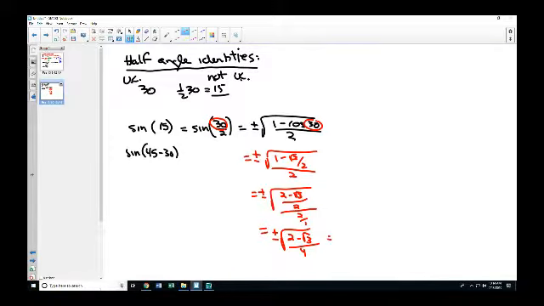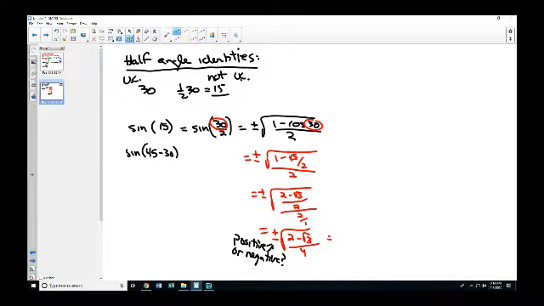Positive or negative? All right, I'll let you copy that down, then I'll ask that again. Okay, so the last thing you want to deal with is we have to choose positive or negative.